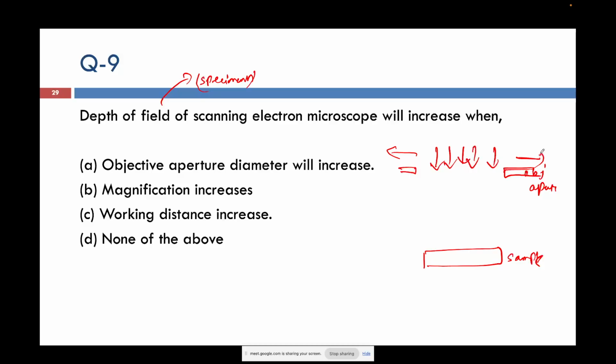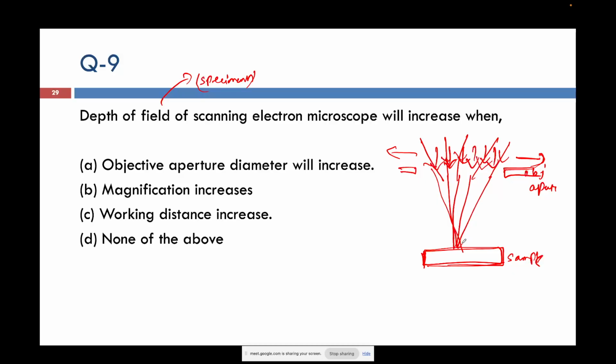If it is opening, we are allowing more electrons, but it has nothing to do with the sample, because the sample will be staying here. Electrons may also come in some oblique direction, and they all will fall on my sample.